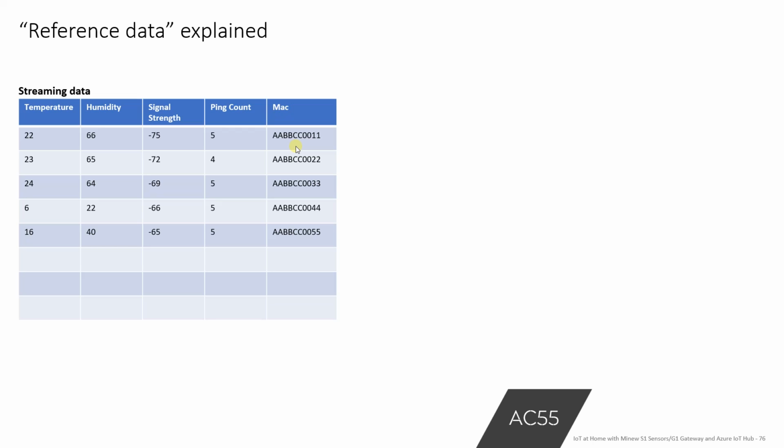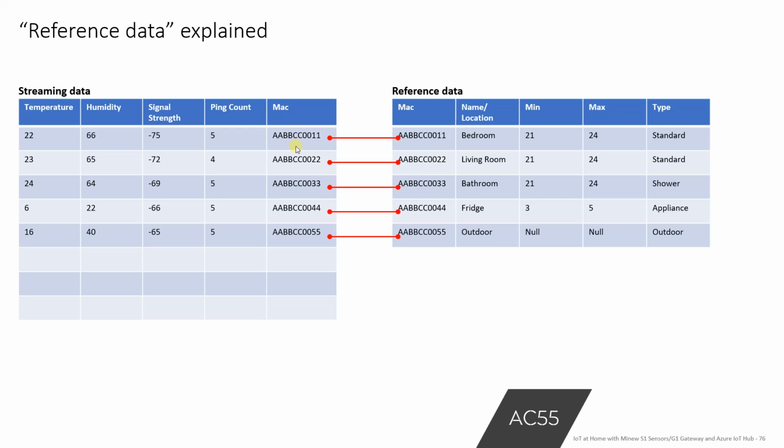So adding reference data, or joining reference data as it's also referred to, is about linking it up with a second table where you could have more static variables. In this case, the location or the name of that particular sensor, you could give it a minimum value and maximum value, and you could give it a sort of a type. You can continue creating as many as you want of these.